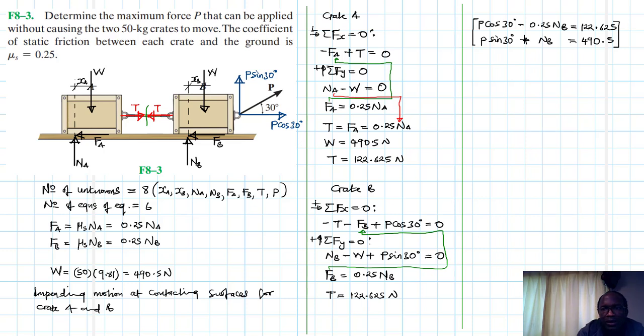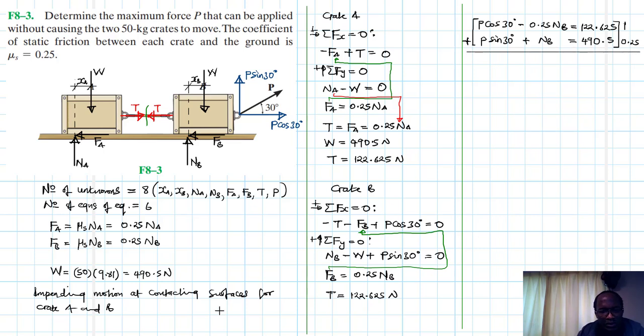I'll multiply the coefficient of NB there by 1, and then here by 0.25. And I'll add. Okay.